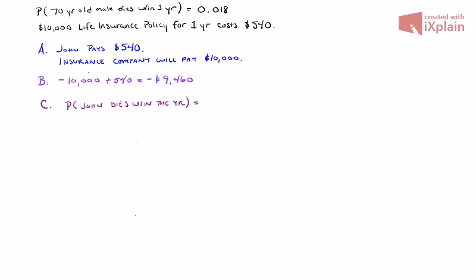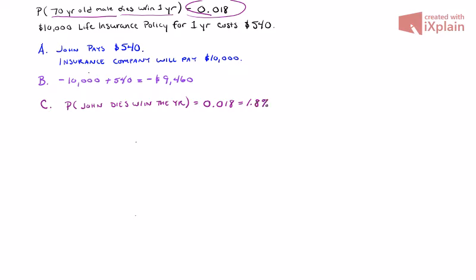Again, this is a reading comprehension question. We've noted that John is a 70-year-old male, and here we are specifically saying what happens if he dies within a year. It's going to fall on this probability. We're going to have it be equal to 0.018, or if we convert it from a decimal to a percentage, we would find that it becomes 1.8%.